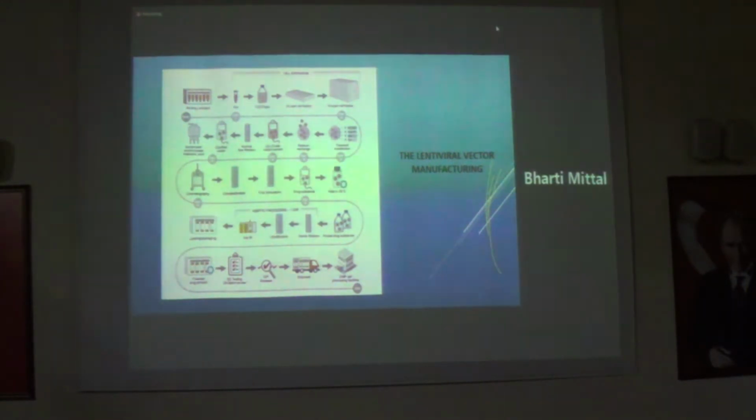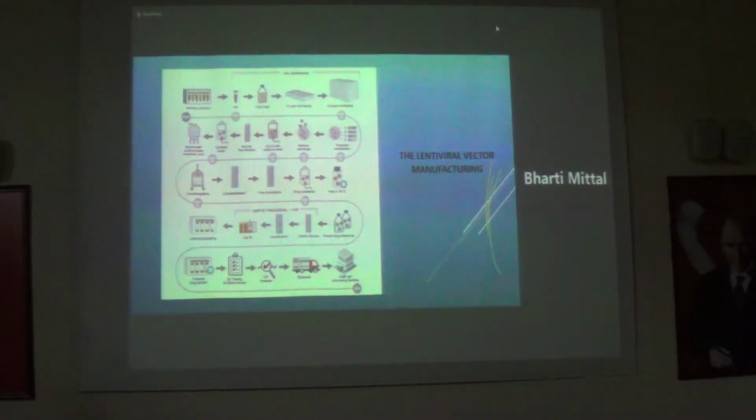Once we identify the targets, we have the peptides and the epitope designs, and then we have to use all these in the vectors. The most commonly used vectors in CAR therapies are lentiviral vectors. We have the master cell banks.